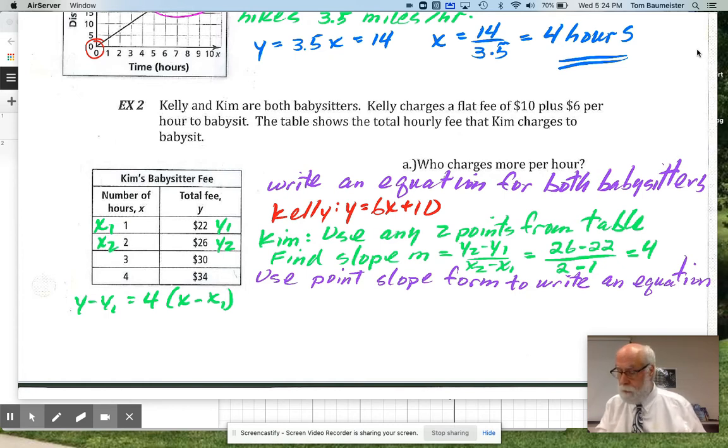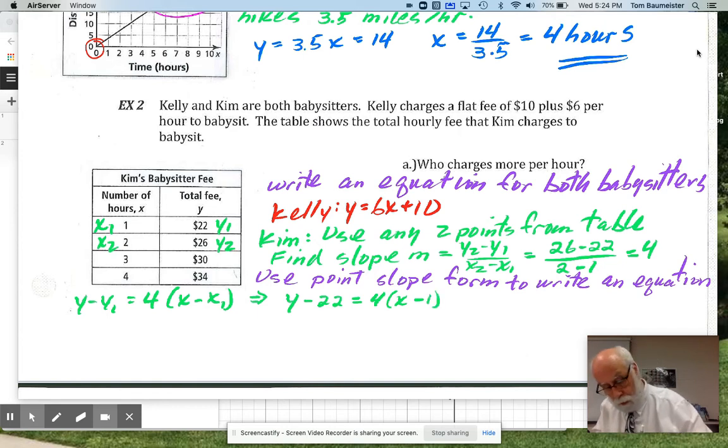Okay. So if we solve for that, we'll get, well, what is our y1? Is 22. And then we have 4x minus, well, in this case, I had 1.